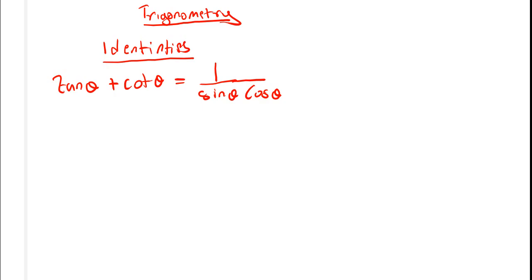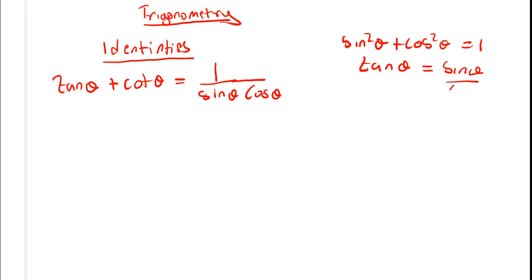conversant with other identities such as sine squared theta plus cos squared theta is equal to 1, and that tan theta is equal to sine of theta over cos of theta.